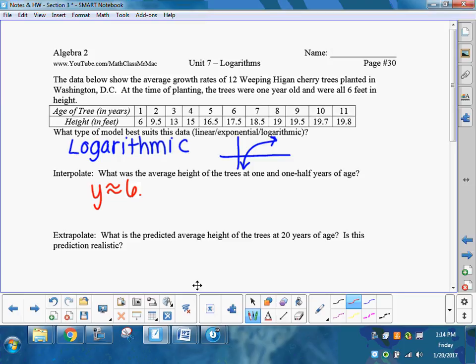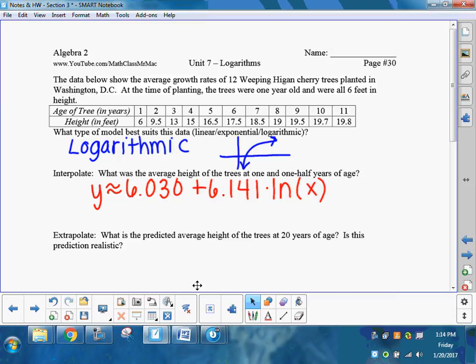You can tell me what that equation is going to look like. Seriously? Yeah. 0, 3, 0, okay, plus? Natural log.